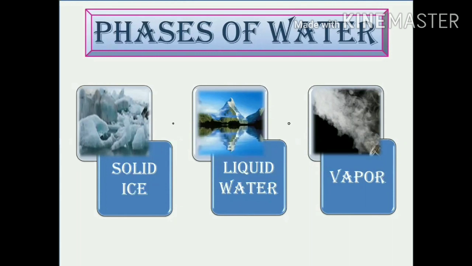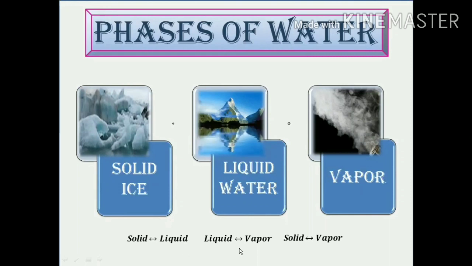Now coming back to the story of water, we know that there are three different phases of water, that is solid ice, liquid water and vapor. Hence three different equilibria can exist in the case of water. The first is the solid liquid equilibrium, that means the equilibrium state between the ice and the liquid water.